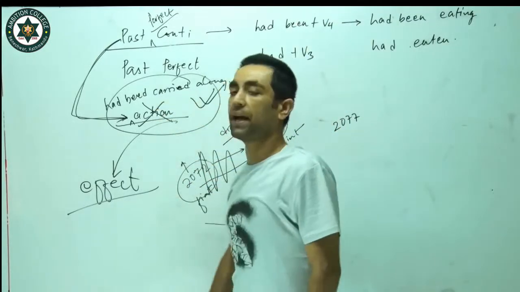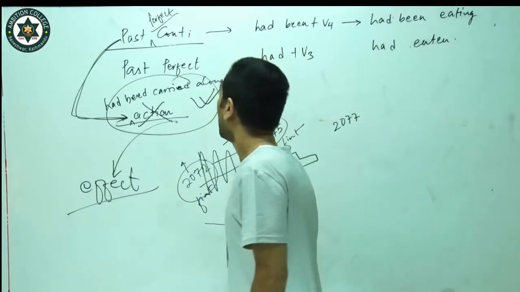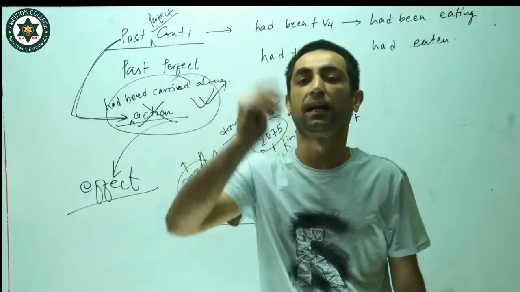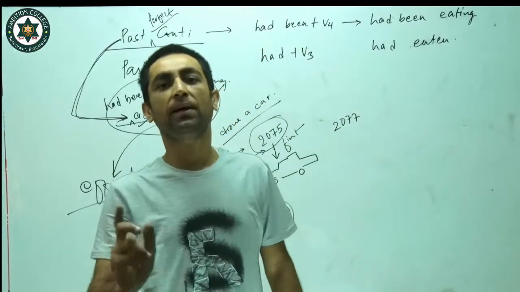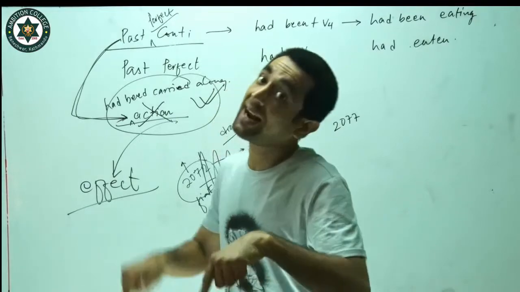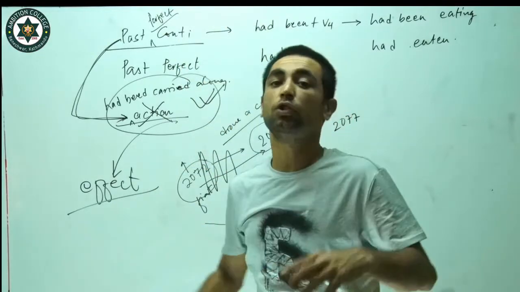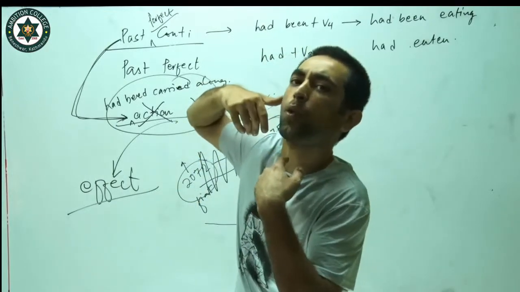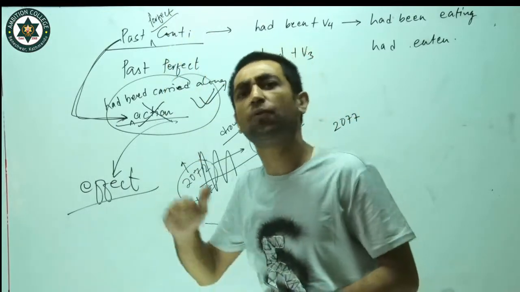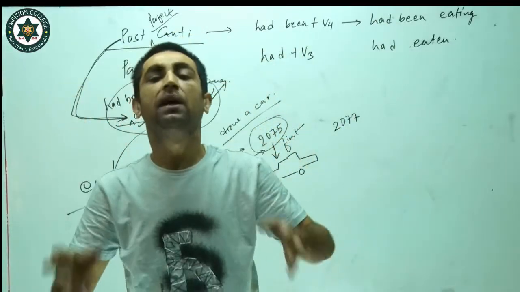In the second case, we say, I had flown a helicopter. Now, when I met my friend, at that moment of time, I had already flown a helicopter. The job of flying the helicopter was over. The task of flying above the mountains, over the clouds was over.